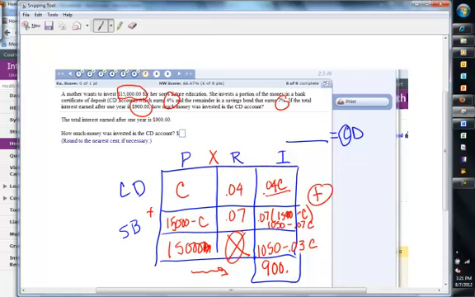Now, what is true is that these two boxes represent the exact same amount. So we've got one more equation that we can write from this that says 1050 minus 0.03C, that's this box, equals 900.